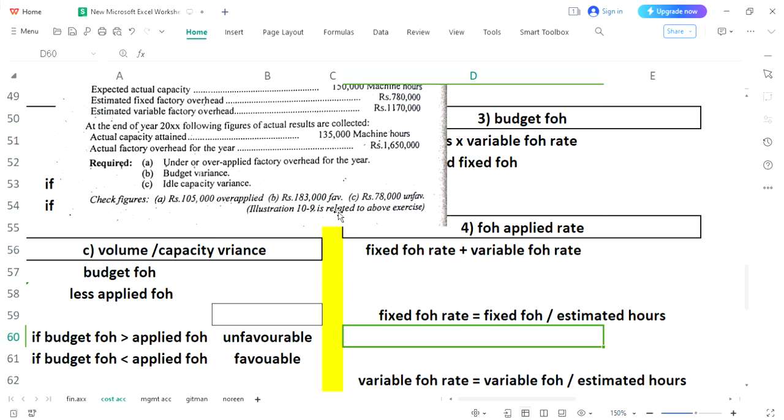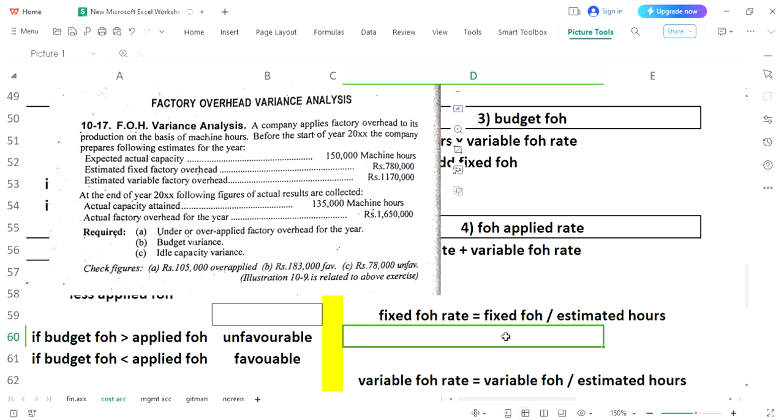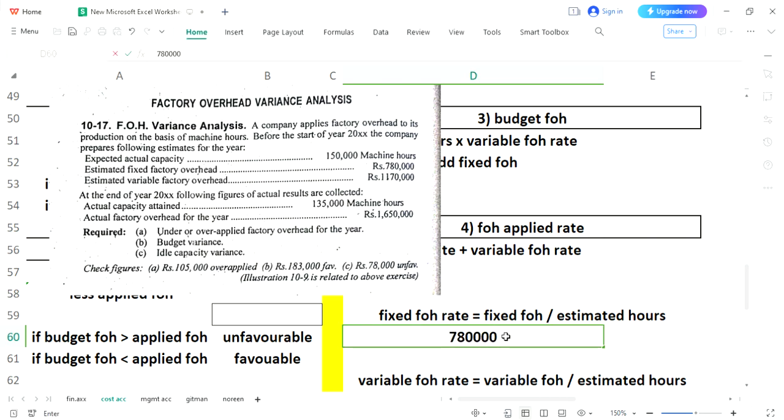Start reading the question and find out where the fixed FOH is. Here you see the estimated fixed factory overhead is 7,80,000. This was our requirement, we were searching for fixed FOH. So 7,80,000 is fixed FOH, and we are putting it here. Then you need to divide.